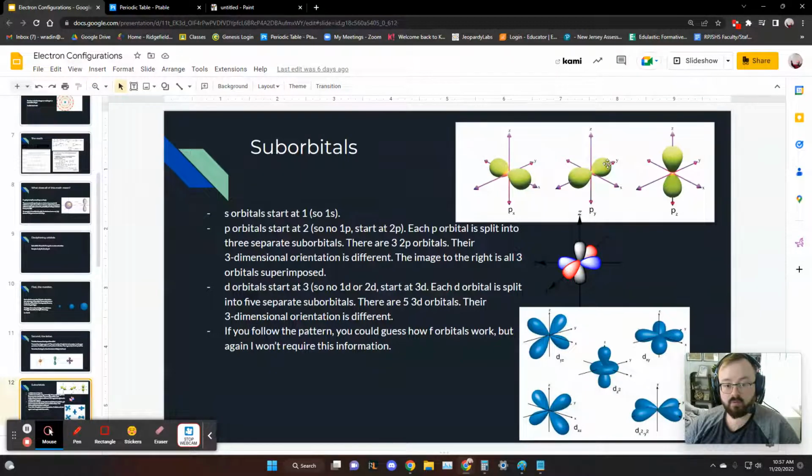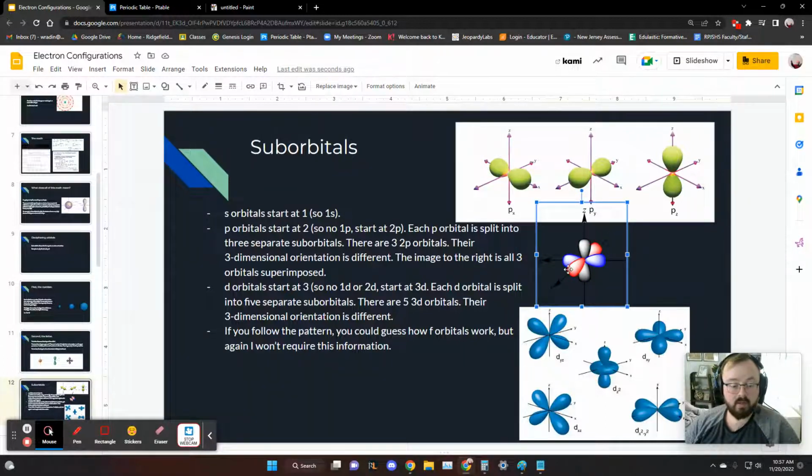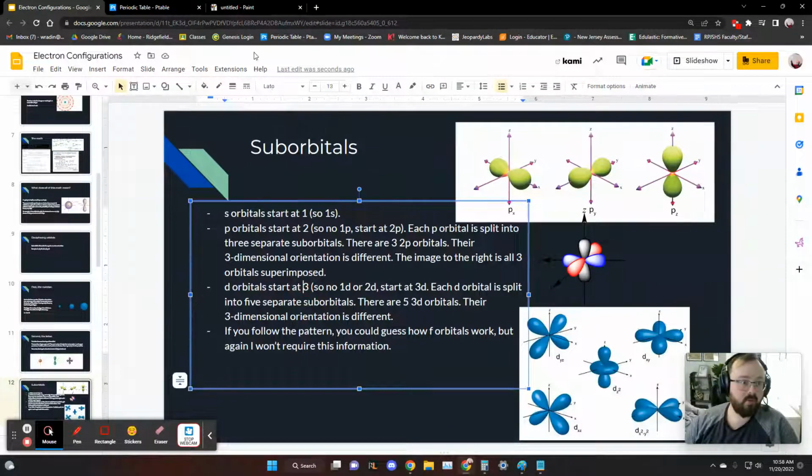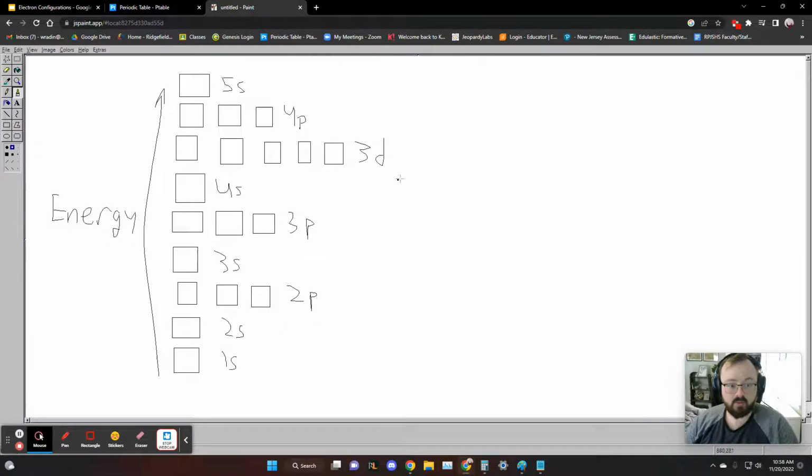If you were to graph all of them together, it looks like this, just to show you how they overlap in three-dimensional space. All 3 of them combined make almost a sphere around them. The d orbitals start at 3, which is why we don't see a 1d or a 2d.